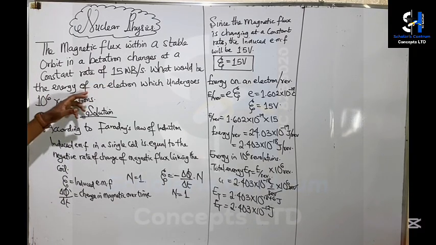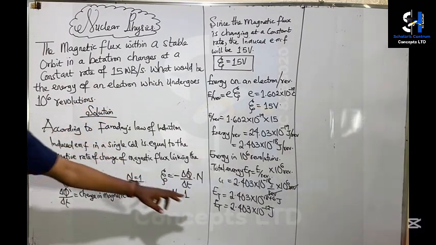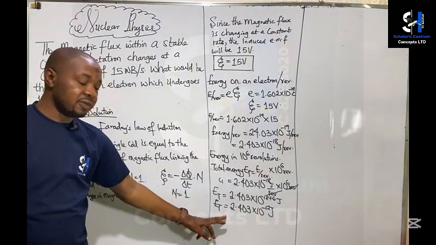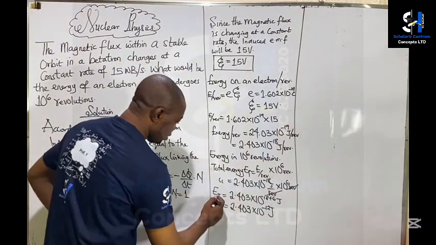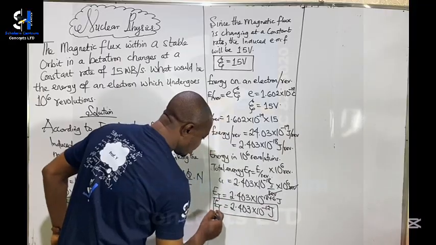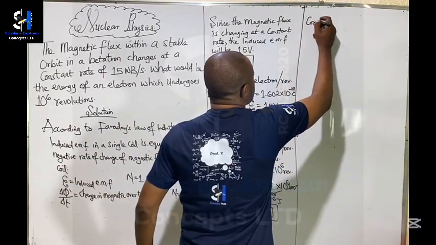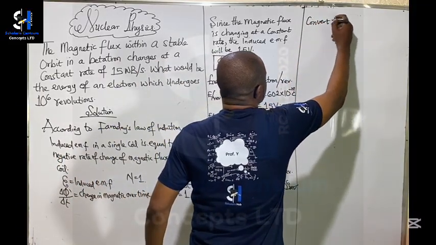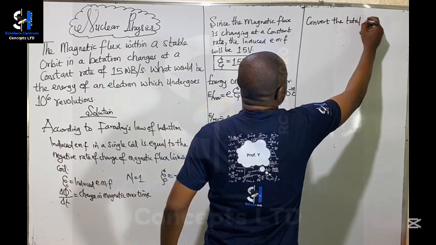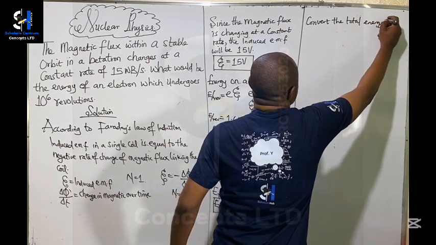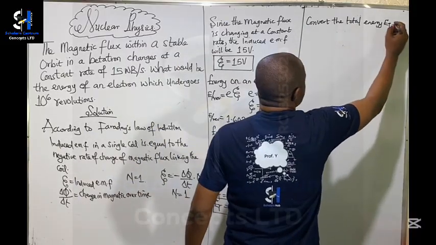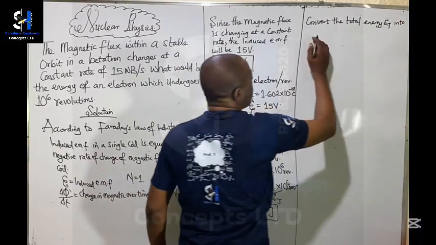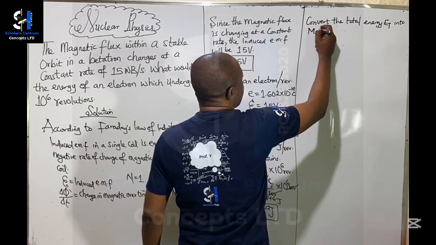All right, so now, what will be the energy of an electron which undergoes 10 raised to the sixth revolution? We need to convert this energy value from joules into mega electron volts. So this is important. We need to convert the total energy, that is ET, into mega electron volts.